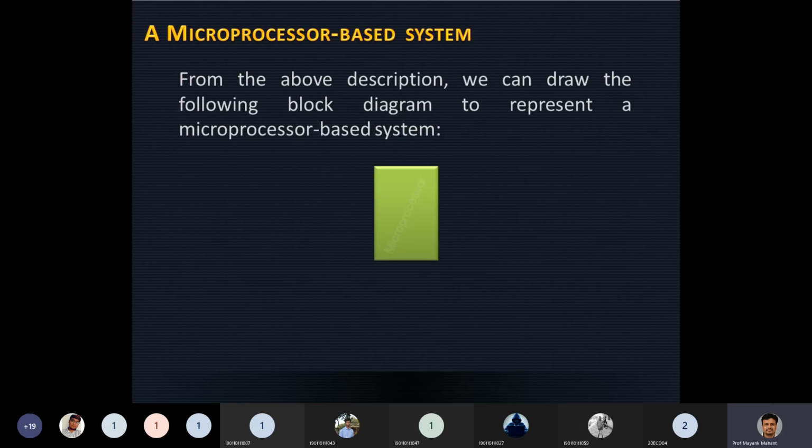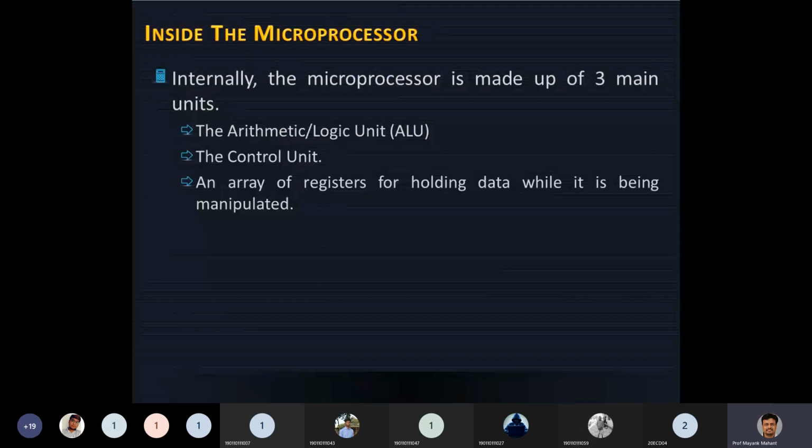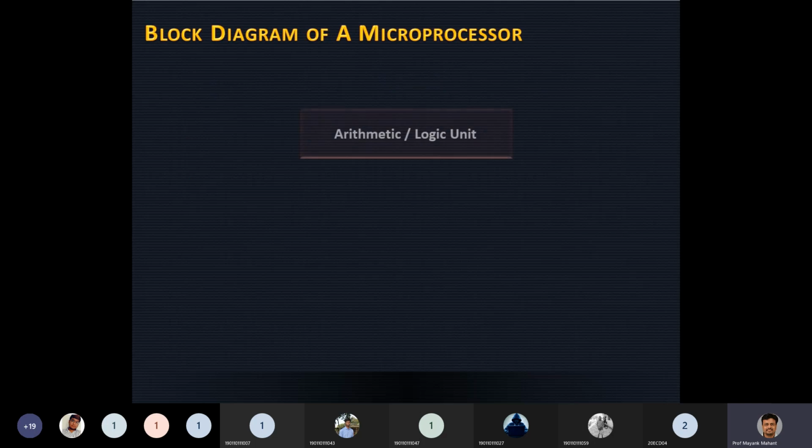We have already gone through what a microprocessor is. We have an input, a microprocessor, an output and a memory. Inside the microprocessor, this is just a recapitulation: internally we have an arithmetic and logic unit, a control unit, and an array of registers holding data while it is being manipulated.